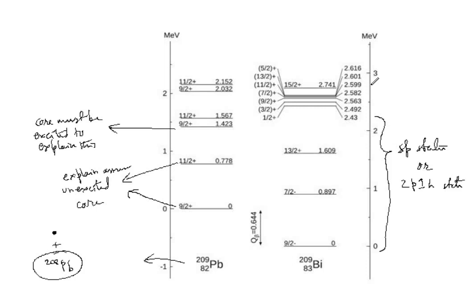Over here, starting from this 3/2 to this 5/2 over here, you see, here you can explain this only when the core of 209 bismuth makes a vibrational excitation of octupole type.